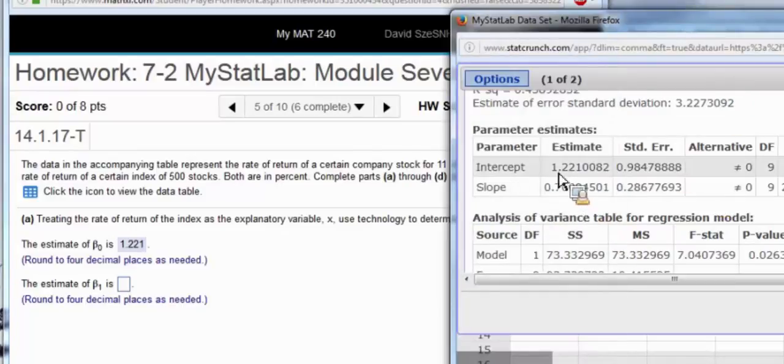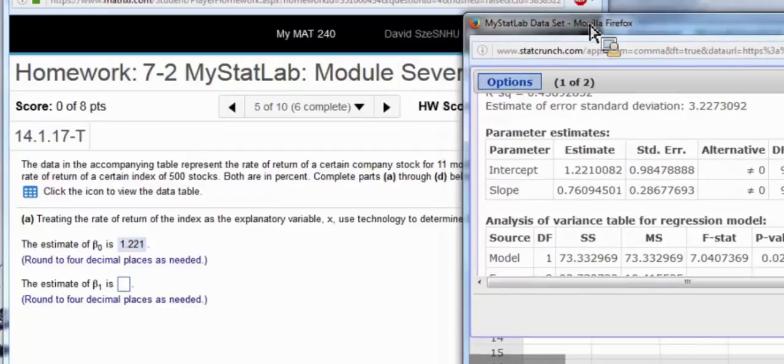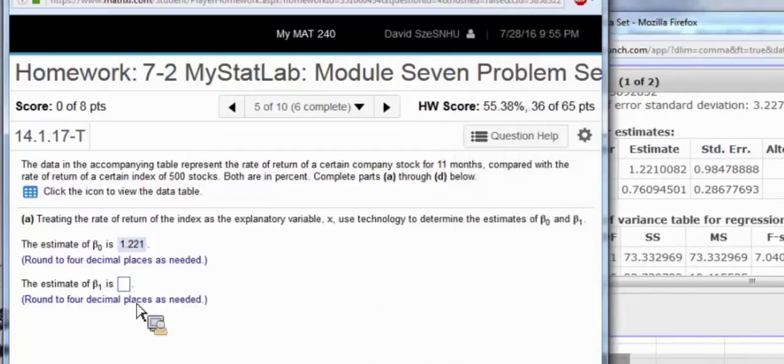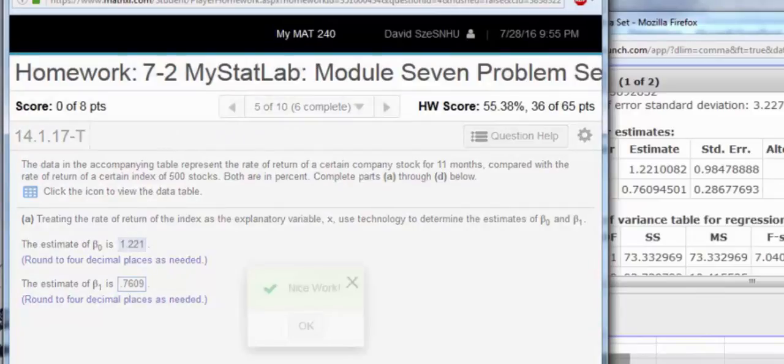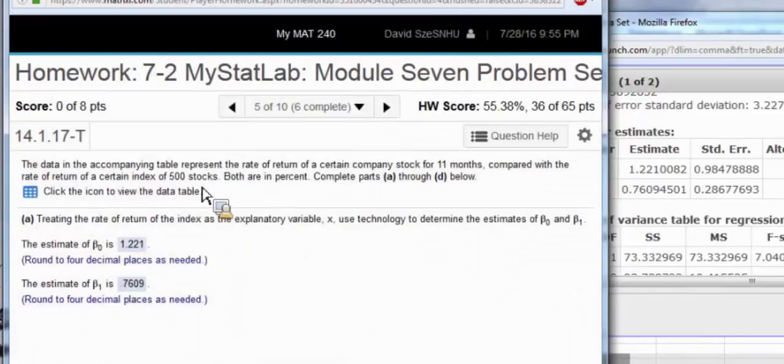So we're just reading these off of the StatCrunch output. 4 decimals, 0.7609. So now we've computed the regression line, slope and intercept.